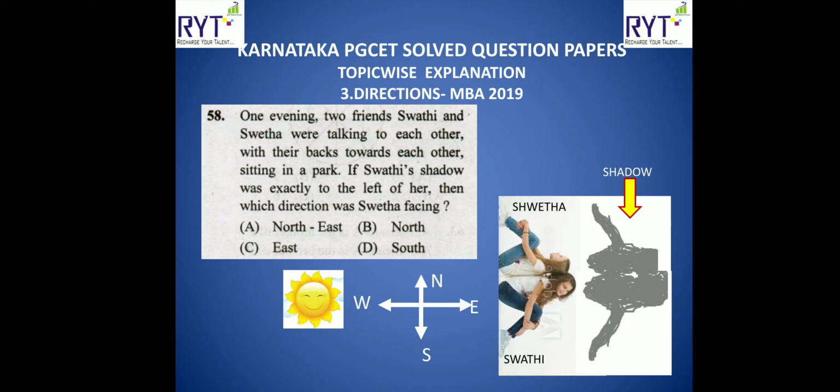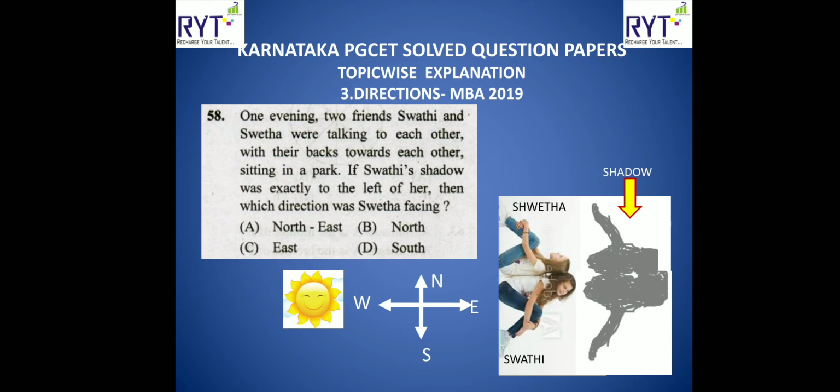Now it says that if Swati's shadow was exactly to left of her, as you can see in the diagram, Swati's shadow is left to her. It means from right side the sun rays are coming, which means right side is west, because it is evening, sun is in the west, so sun rays are coming from west towards Swati and her shadow is on the left side.